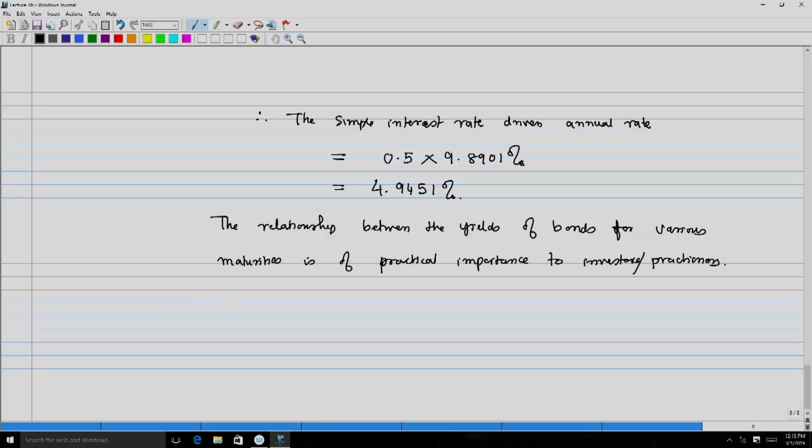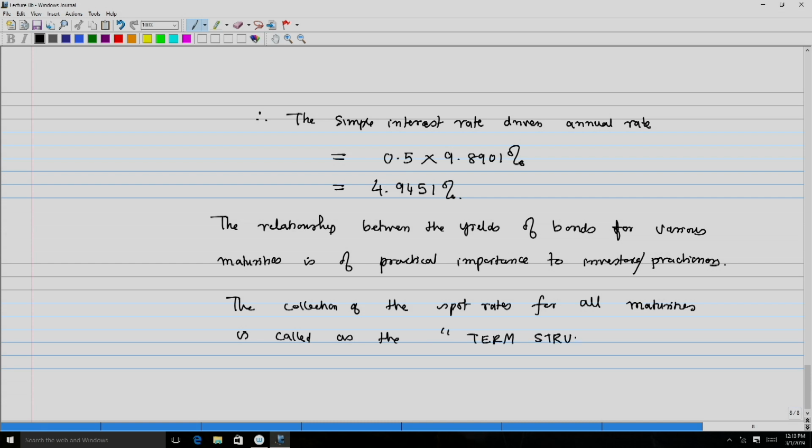So, accordingly, this collection of the spot rates for all maturities that are available is called the term structure of interest rates.